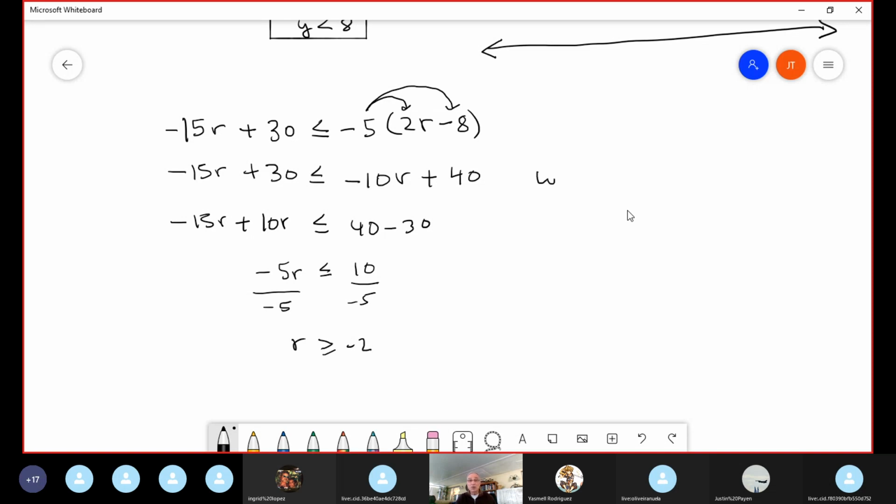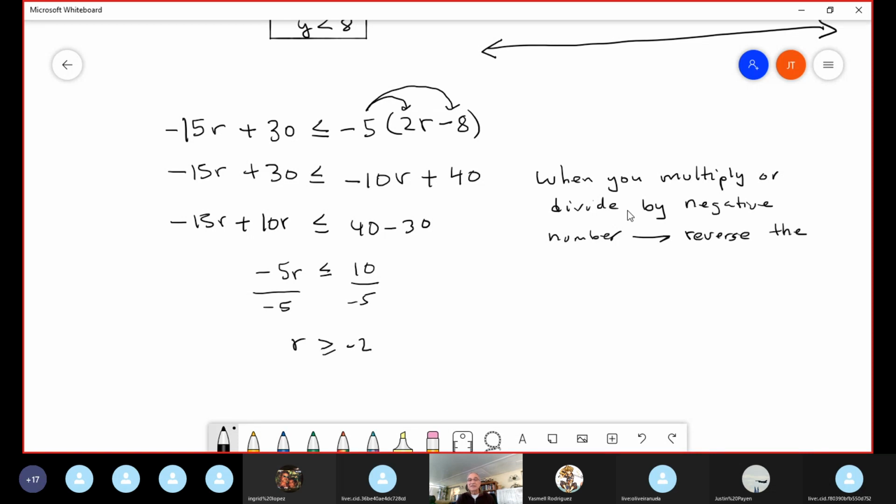When you multiply or divide by a negative number, you have to remember that you reverse the inequality symbol.